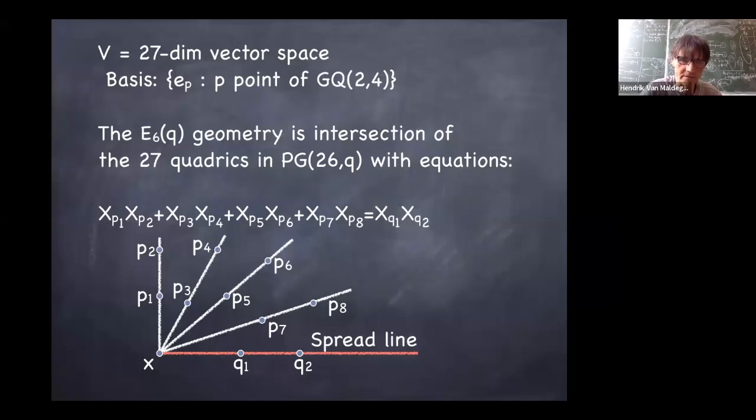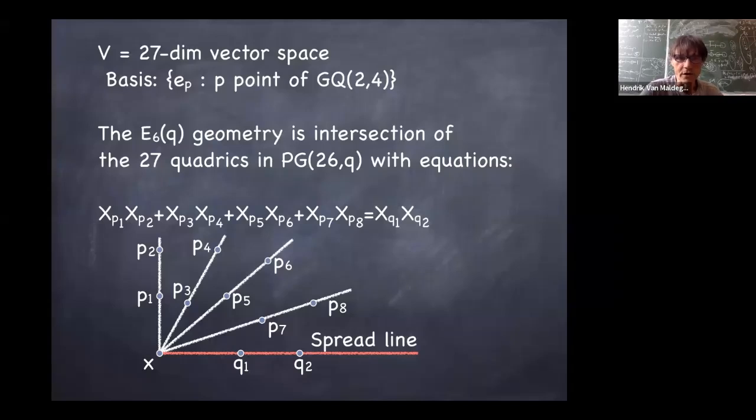The coordinates that correspond to that spread line, you put them on the right-hand side. And so the signs are correct. And this gives you the E6Q geometry. It's a nice combinatorial construction using that generalized quadrangle.